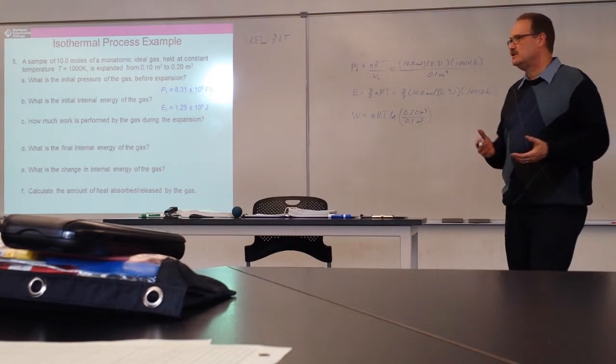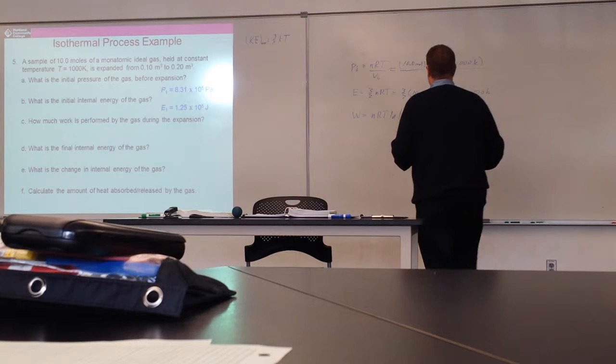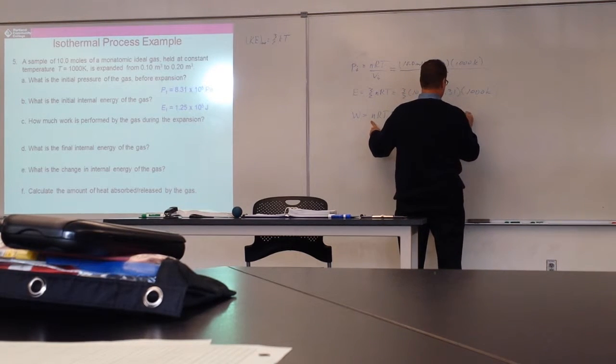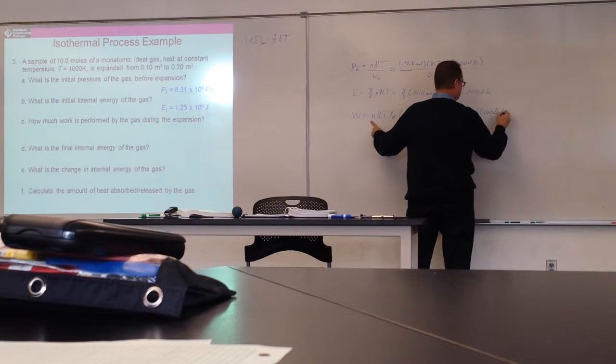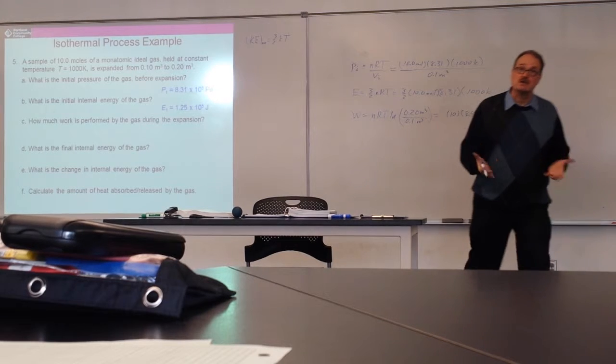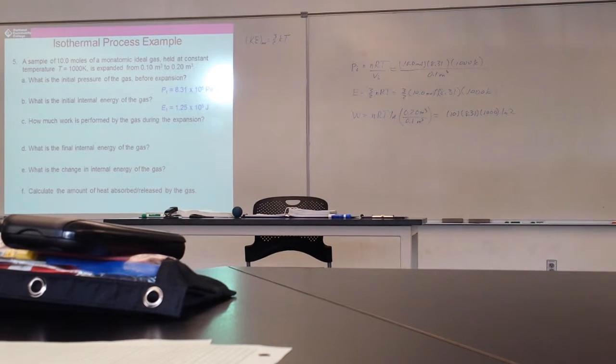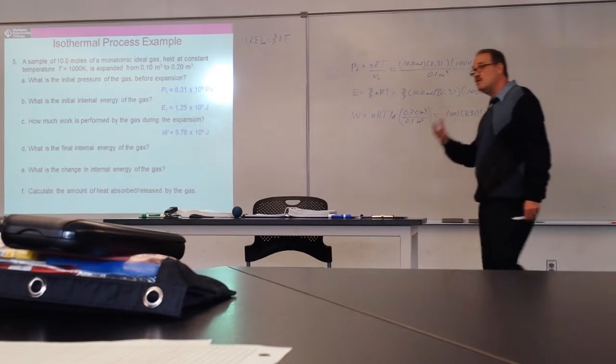So you plug into your calculator natural log of 2, then multiply by 10, 8.31, and 1,000, and that will give you the amount of work. 5.76 times 10 to the fourth. So that's the amount of work.